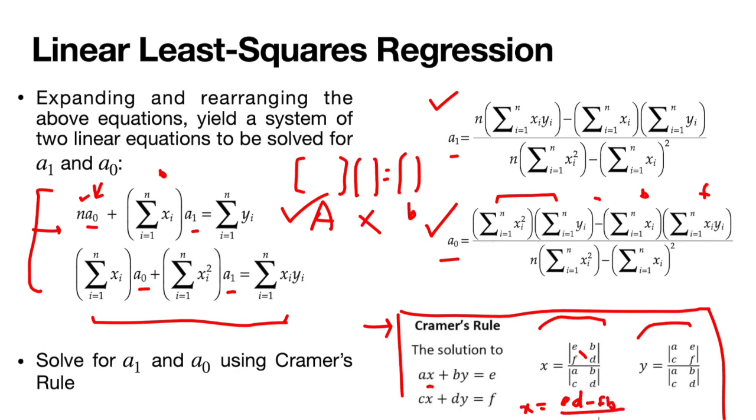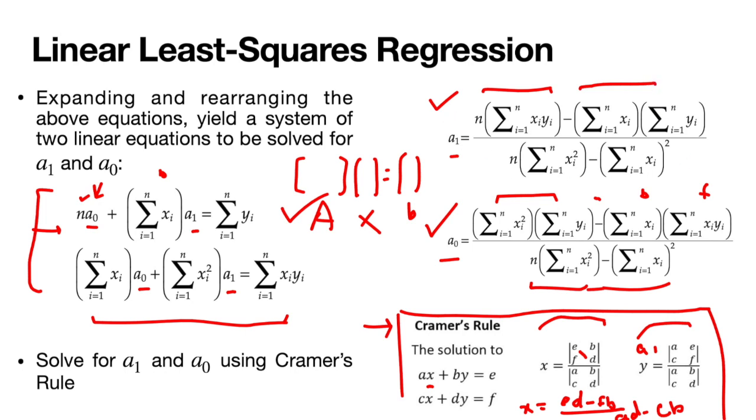And similarly, in the lower side, you will get ad minus cb. So this is basically ad minus cb. Similarly, a1 can be found by a multiplied by f minus c multiplied by e. So this is af and this is ce.